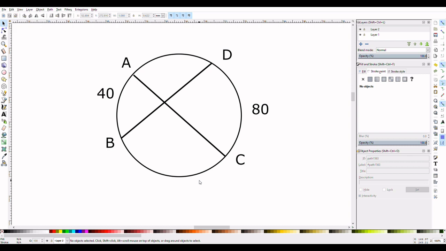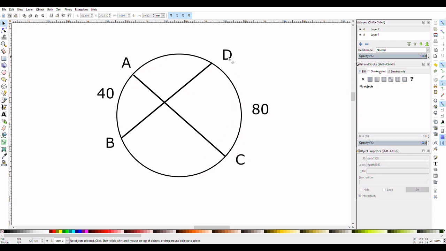In this problem, we are asked to find AEB, given that arc AB is 40 and arc DC is 80. Alright, what's our first step? Now our first step should be to make a line so that we have angles whose measure we know. Okay, can you draw a line so that we have an angle whose measure we know?